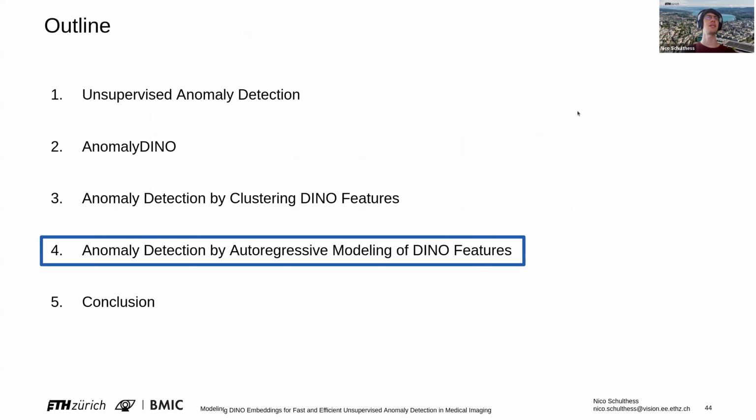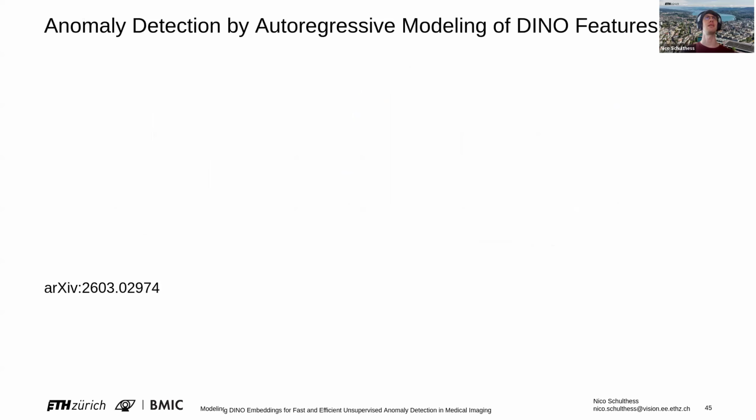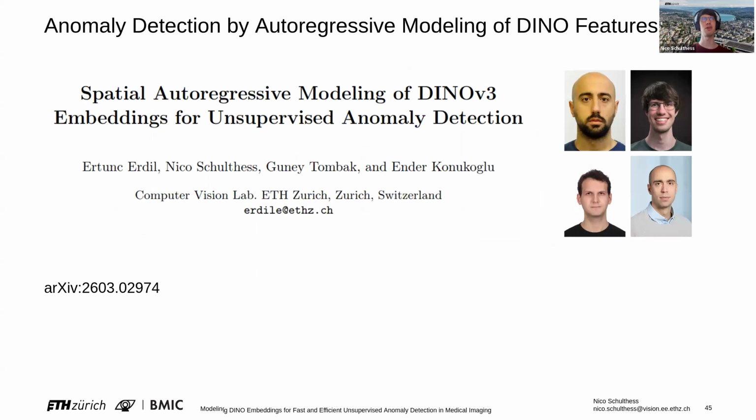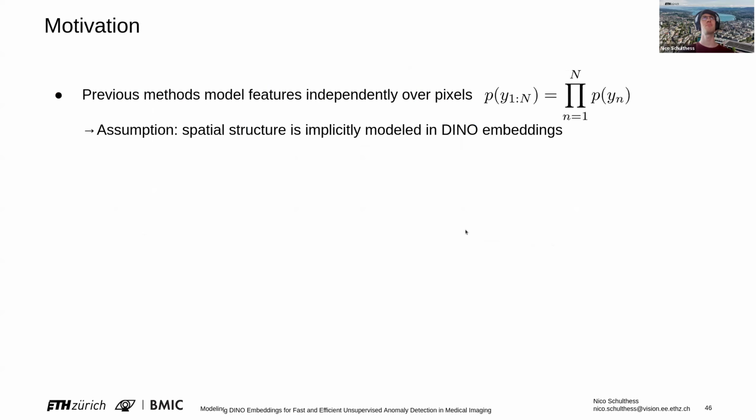And in our next work, we try to improve our model of the DINO features by using autoregressive modeling in the feature space. So previous methods, more or less all memory bank or feature modeling approaches, assume that the features are independent over all the pixels. So they usually estimate the probability distribution factorized over all the pixels.